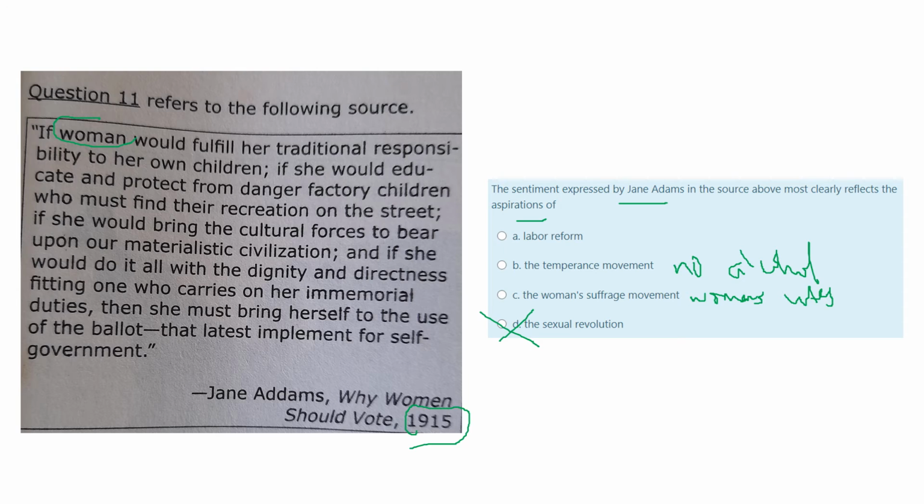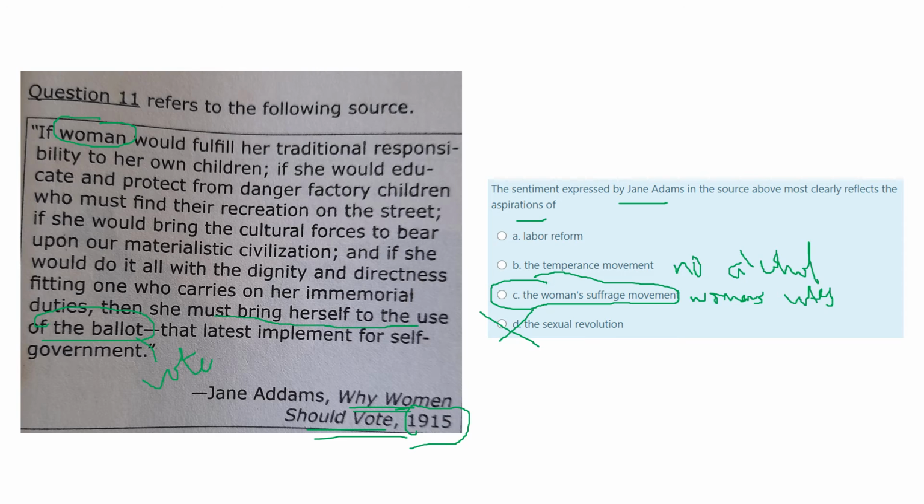But it says if a woman would fulfill her traditional responsibility to her own children, if she educate and protect from danger factory children who must find their recreation on the street, if she would bring the cultural forces to bear upon our materialistic civilization, and if she would do it all with dignity and directness fitting to one who carries on her immemorial duties, then she must bring herself to use the ballot, the vote. And you could even just look at the title, Why Women Should Vote. This is about women's suffrage.